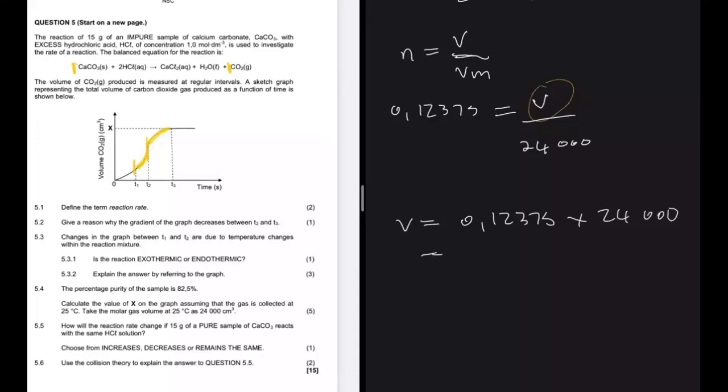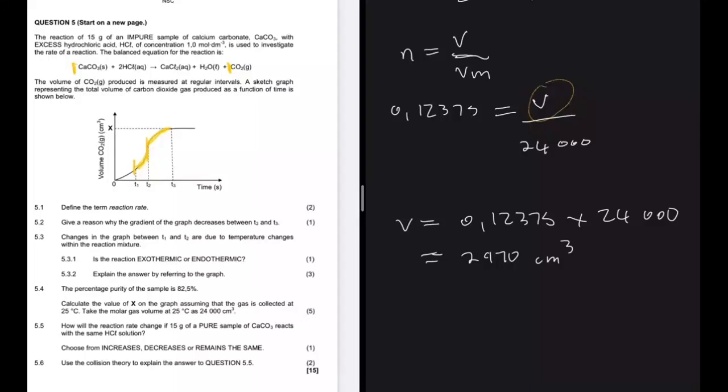That is giving me 2,970 centimeter cube. So the value of X for our equation is 2,970 centimeter cube.